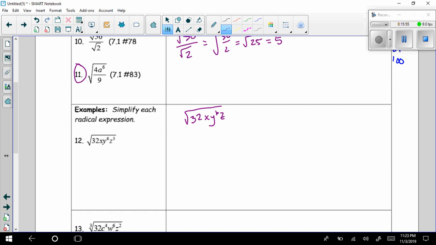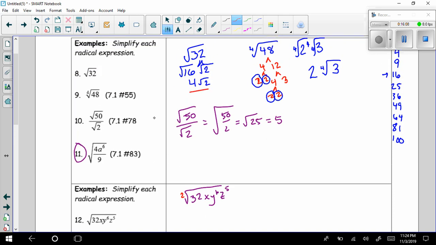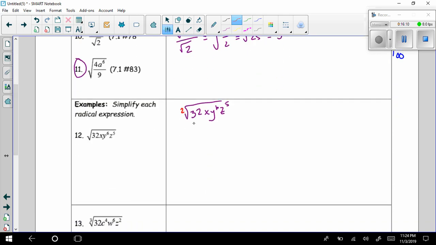If you have variables with exponents in there, you're going to remember what your index is. So this is a square root. My index is a 2. Square root of 32, I've already solved up here. I know it's 4 root 2. But let's do it another way. Let's say we go 2 and 16 and don't realize that that's a perfect square, so we go all the way down.